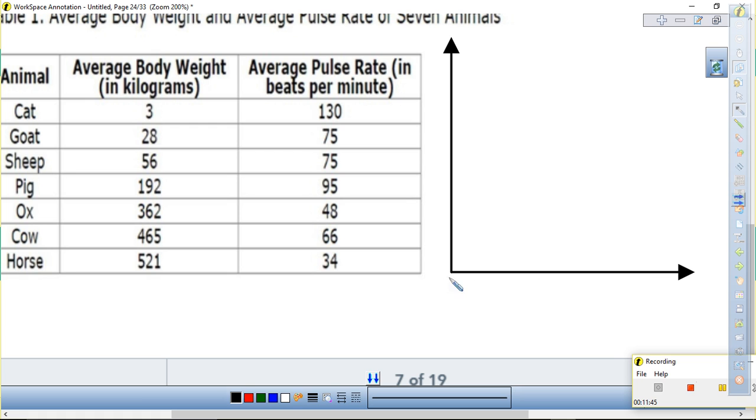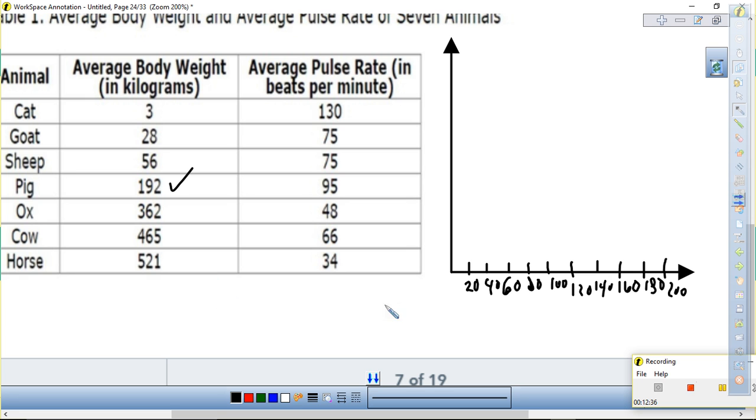Jillian, help her out. 20s, let's see. 20, 40, 60, 80, 100, 120, 140, 160, 180, 200, and I'm barely right here.